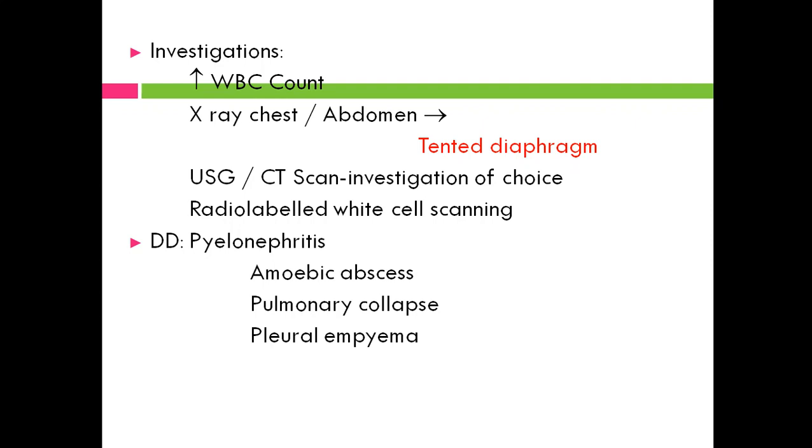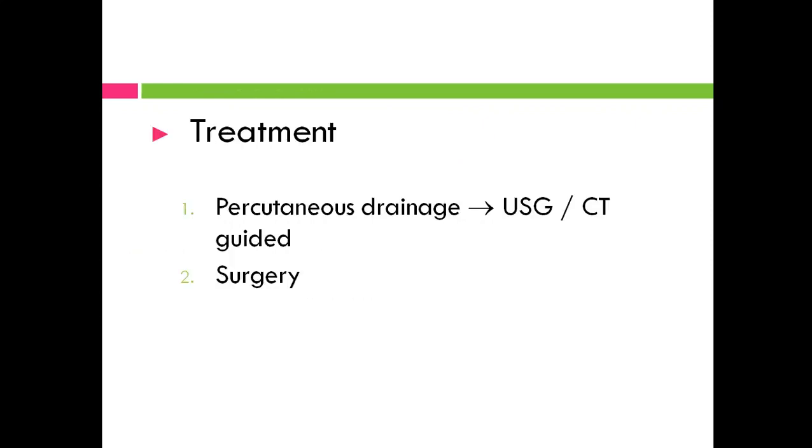The differential diagnosis includes a pyelonephritis, amoebic abscess, pulmonary collapse, or a pleural empyema. So treatment is percutaneous drainage, either by ultrasound or CT guided, or else you go for the laparoscopic drainage or even an open drainage.